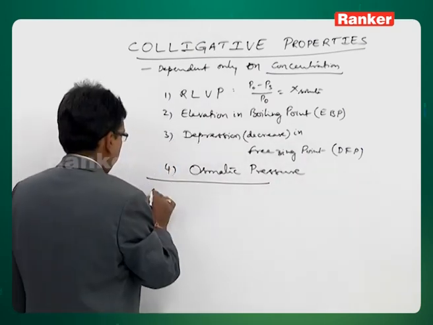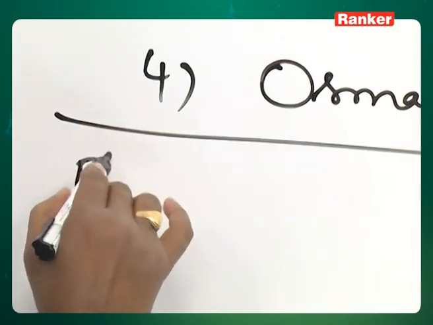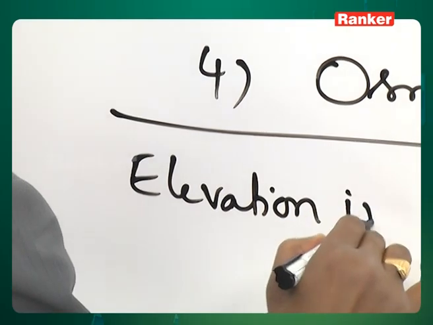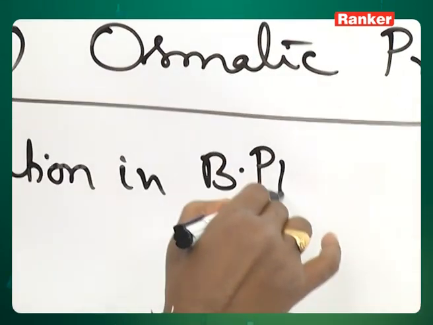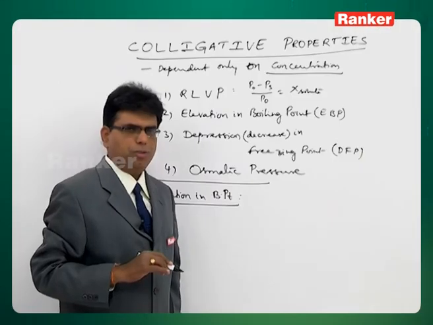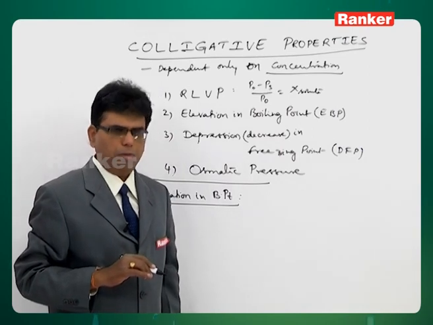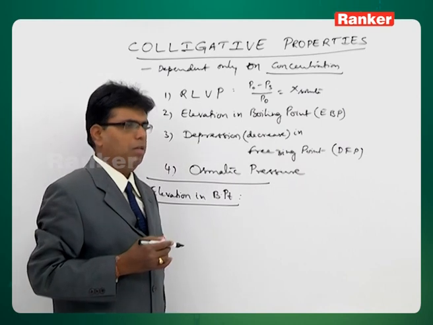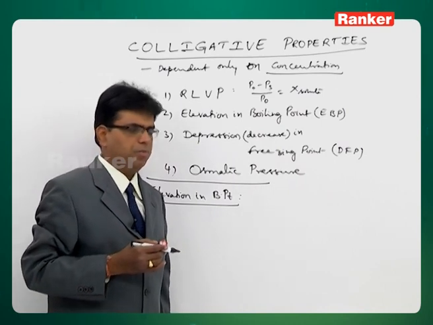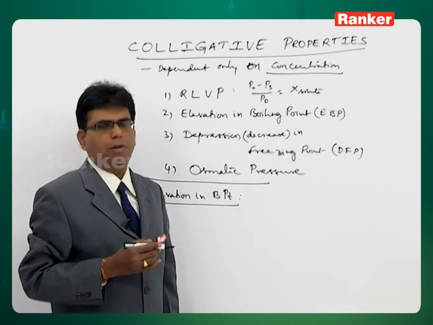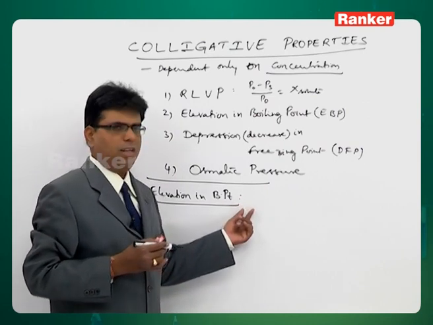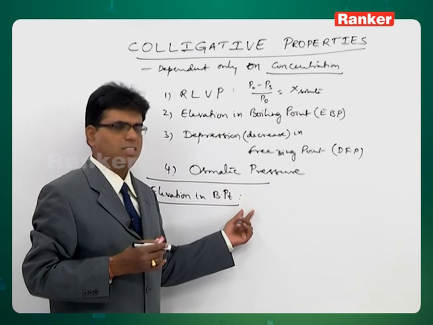What is boiling point, first of all? Before going to elevation in boiling point, I should first tell you what boiling point is. You must be knowing that boiling point is nothing but the temperature at which liquid and vapor are in equilibrium, or the temperature exactly at which a liquid starts boiling.